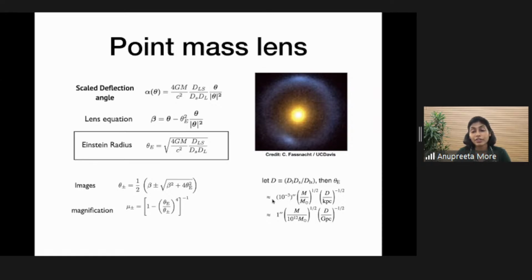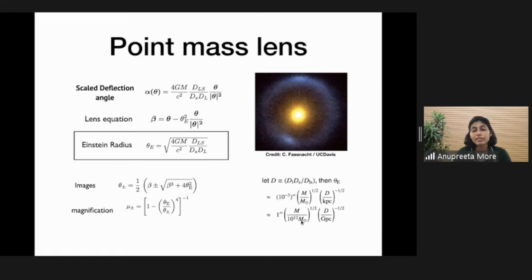And so you can see how small the deflection is if the lens is something similar to our star. No wonder when Einstein looked at these sort of numbers, he thought that the amount of this deflection is extremely small, and it's going to be really difficult to measure this in observations.